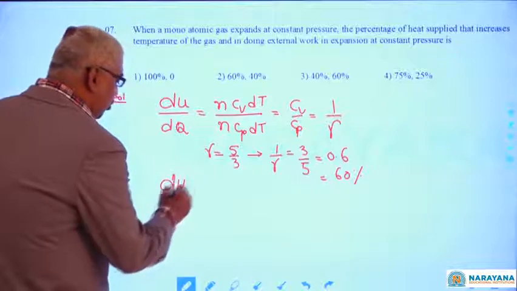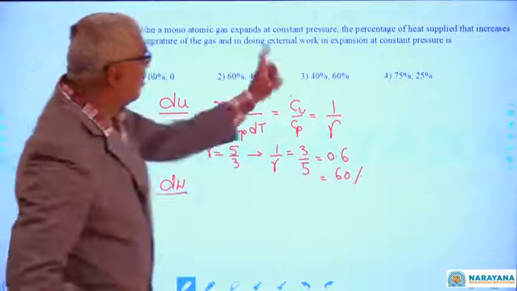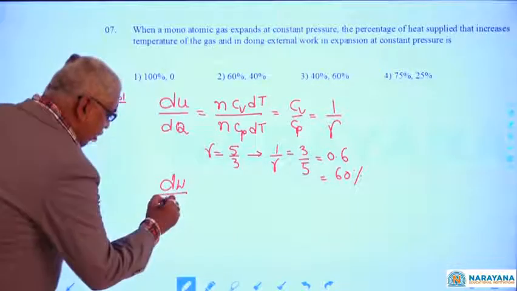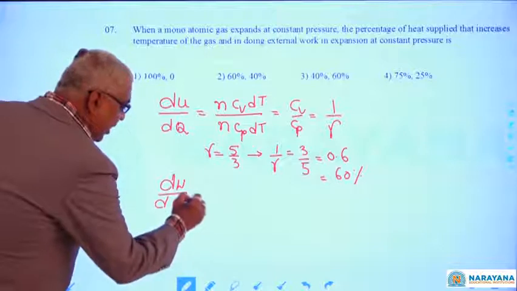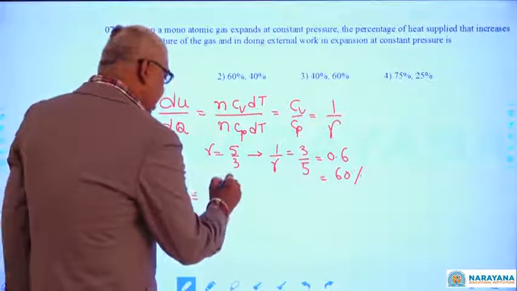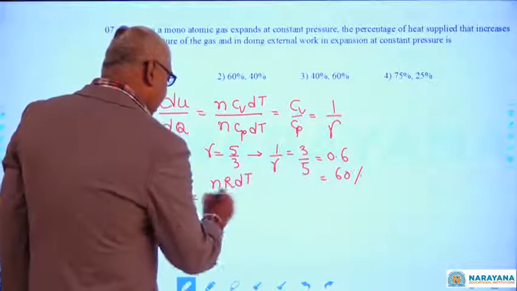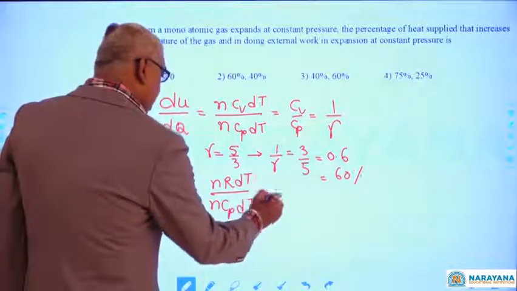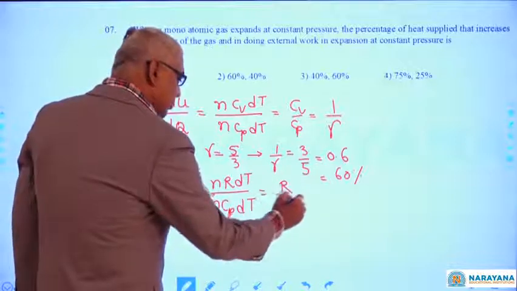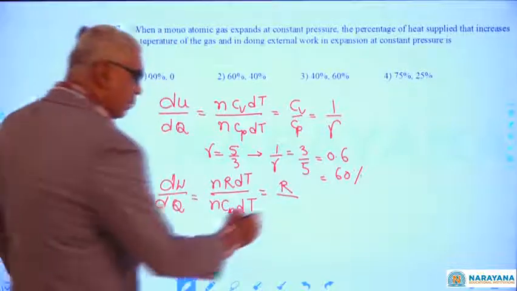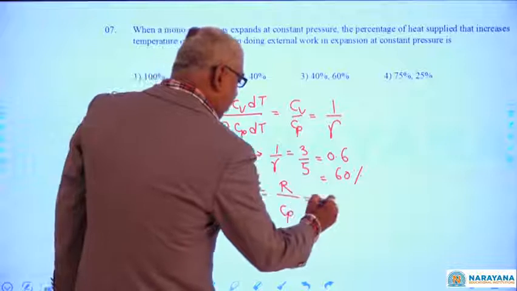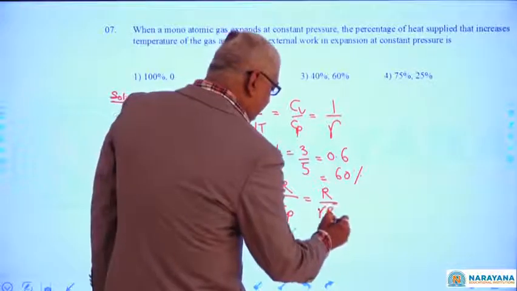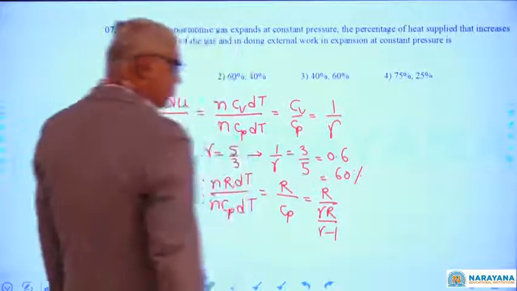dW equals dW by dQ, because we want the ratio of work done to the heat supplied, equals nR dT by nCp dT. Then it is R by Cp. What is Cp given as? Cp is given as gamma R by gamma minus 1.